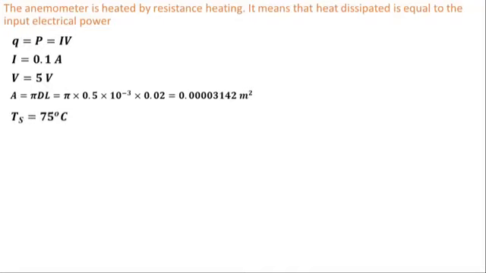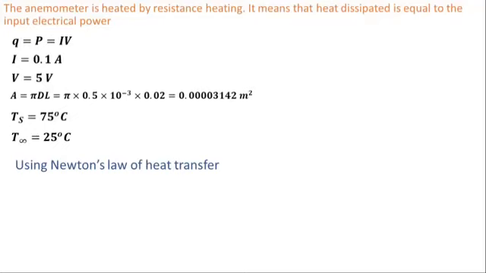The surface of the anemometer is maintained at a temperature of 75 degrees centigrade, and the air flowing over the anemometer is maintained at 25 degrees centigrade. Newton's law of cooling will be used to determine the convective heat transfer coefficient.